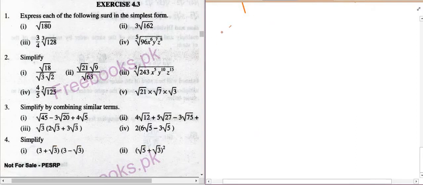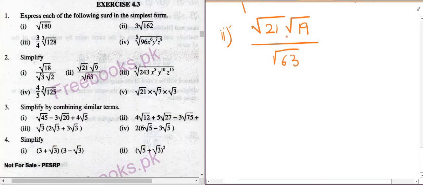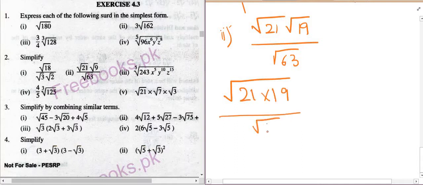Okay, second, square root 21 square root 19 divided by square root 63. Okay, you can write it by using the law, 21 multiply 19. 21 multiply 19 is 189 divided by 63.